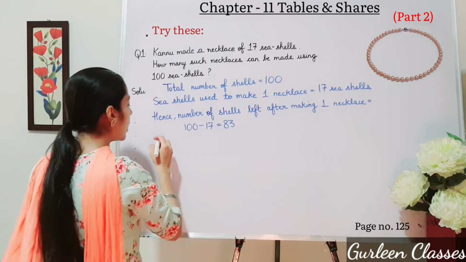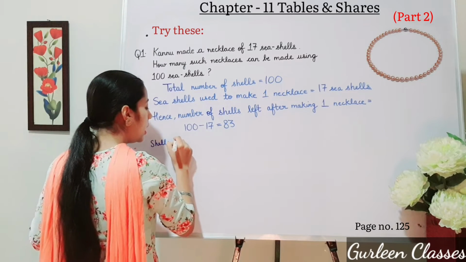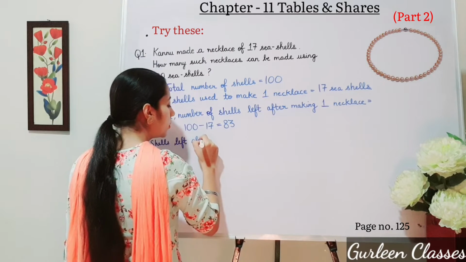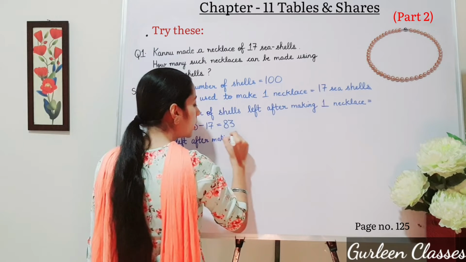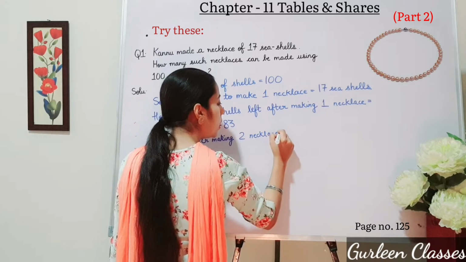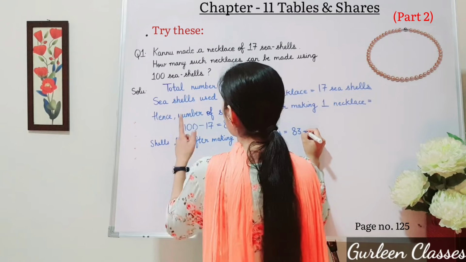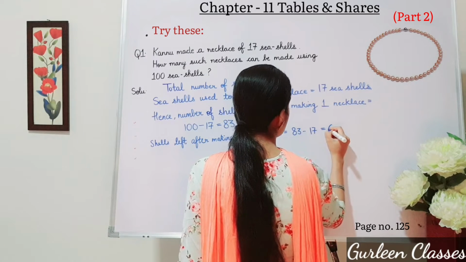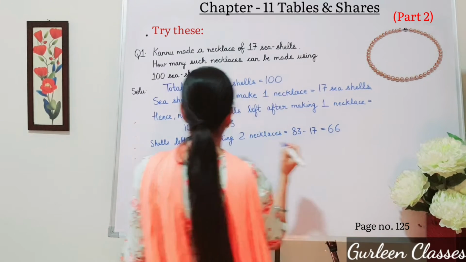So now let us find out shells left after making two necklaces. We will do 83 minus 17, that is equal to 66.